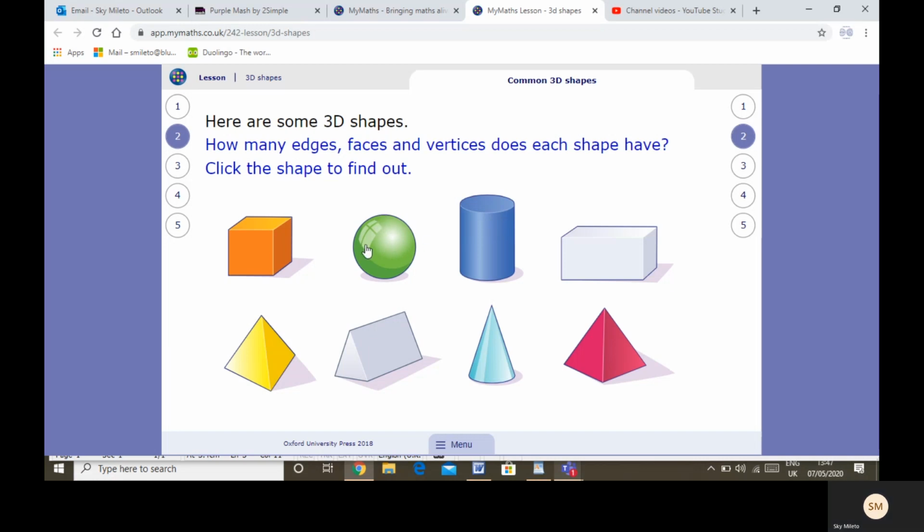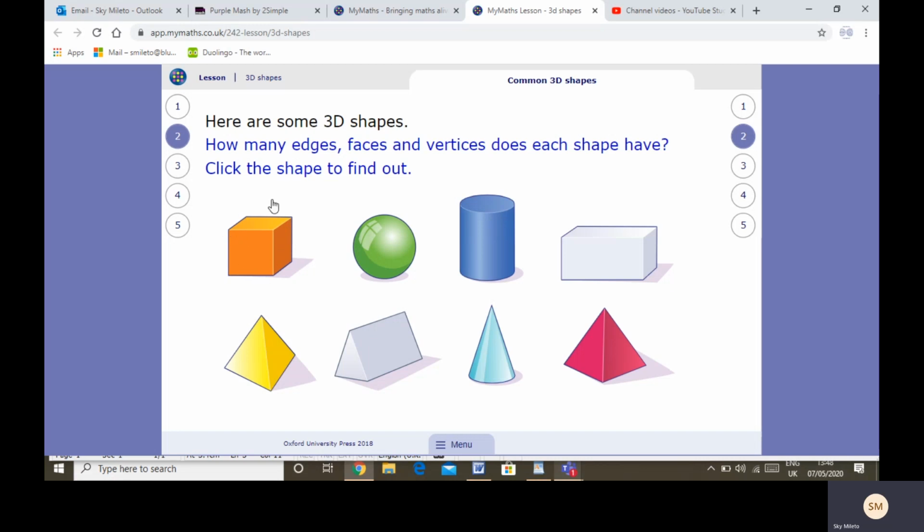This time we'll start at the beginning. Usually I jump from the ones which are the easiest. Let's start at the cube. I can see 1, 2, 3 faces, but there are others that I can't see. If it was a see-through shape, you'd be able to see more, but it's opaque. That means you can't see the other side of it. So we have to use our imagination. We've got 1, 2, 3, and then I know there'll be 1, 2, 3 behind.